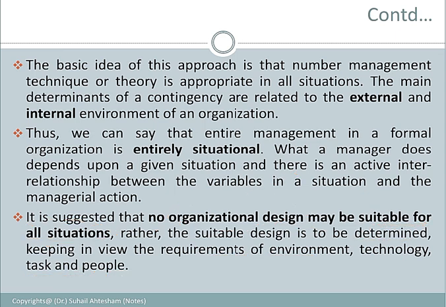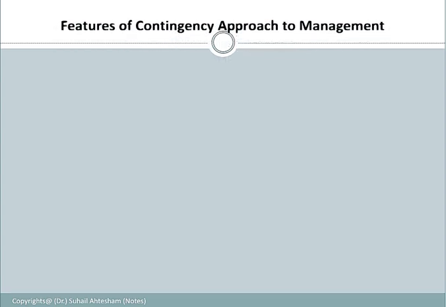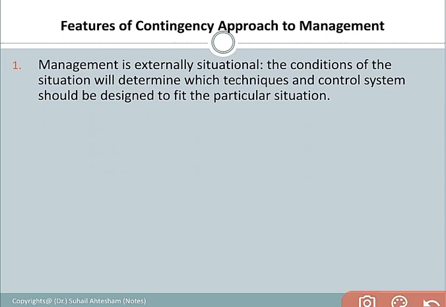Coming towards the features of the contingency approach to management. The first feature specifies that management is extremely situational, right? According to the situation, we have to implement the strategy and the plan.